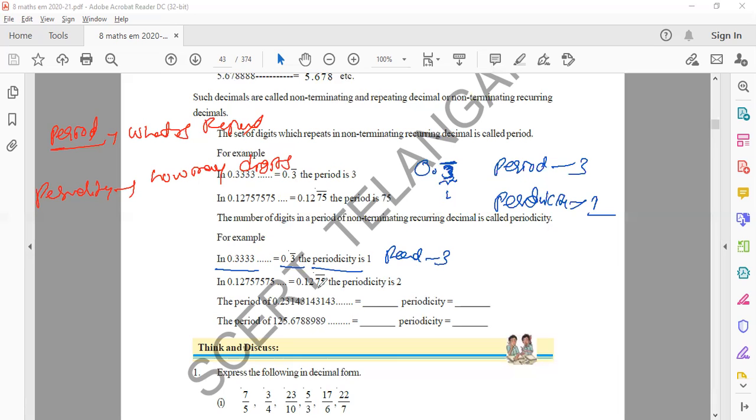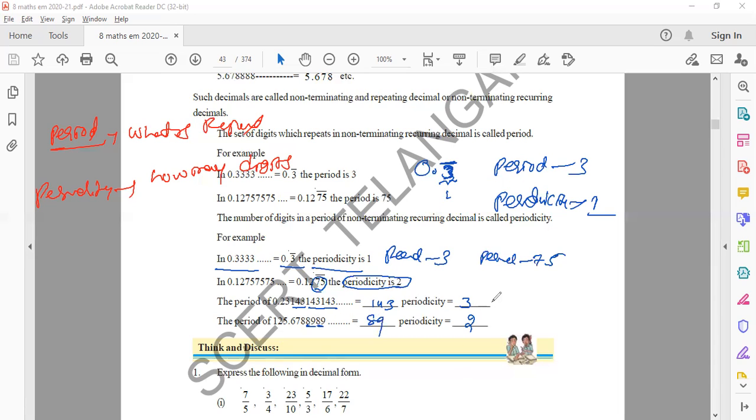Here what number is repeated? 75 is repeated, right? The period is 75. Periodicity means how many digits are repeated: 2 digits, so periodicity is 2. Clear or no? Similarly here, what value is repeated? 143 is repeated, so the period is 143 and periodicity is 3. Here 89 is repeated, so periodicity is 2.